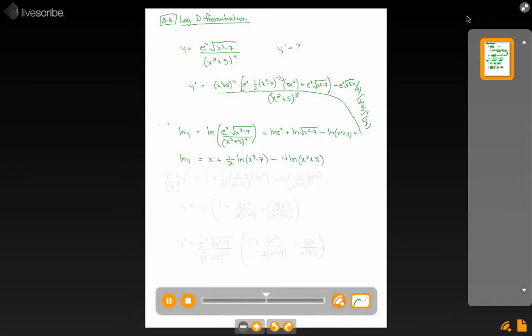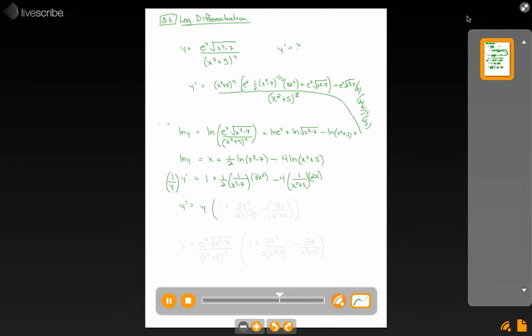If I take the derivative of everything with respect to x, basically implicit differentiation, the derivative of ln y is 1 over y times y prime, equals the derivative of x, which is 1, plus 1/2 times 1 over x cubed minus 7 times the derivative of x cubed minus 7, minus 4 times 1 over x squared plus 5 times the derivative of x squared plus 5. And if I want y prime all by itself, I just multiply the whole thing by y.